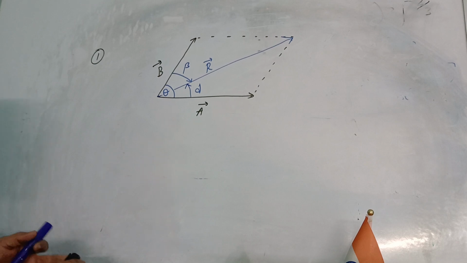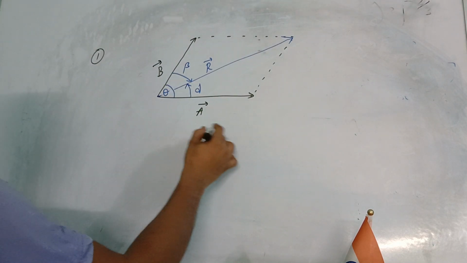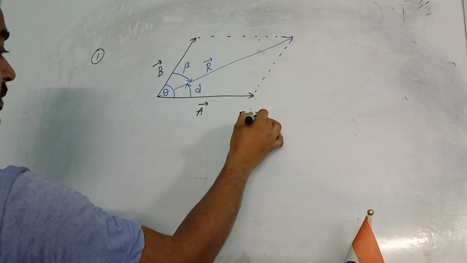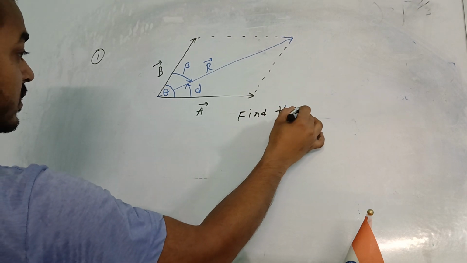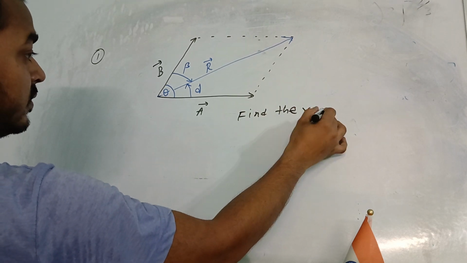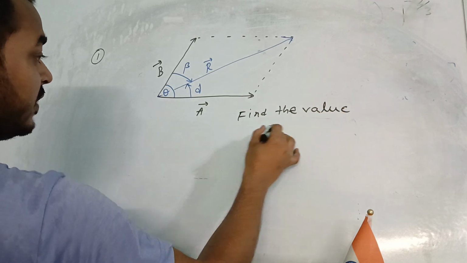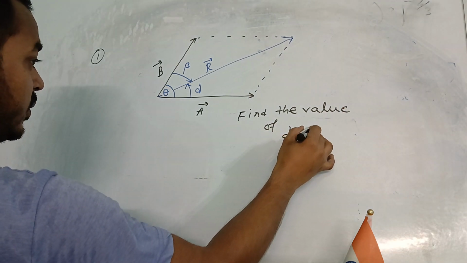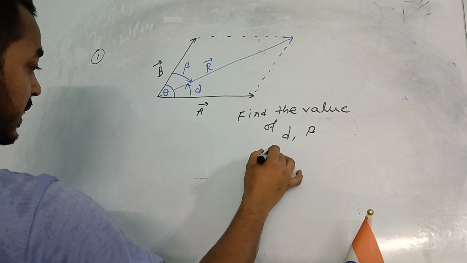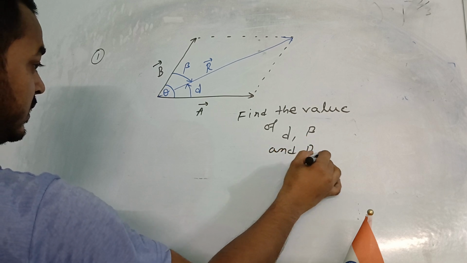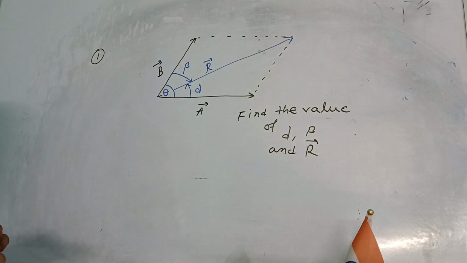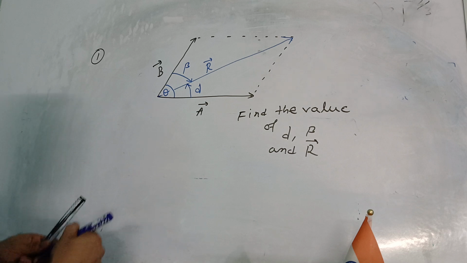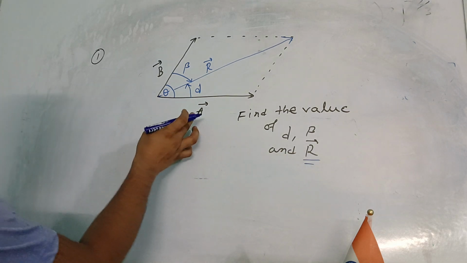So now this is the question and this is the diagram and the question is, find the value of d, beta and resultant vector. So how to find the resultant vector?